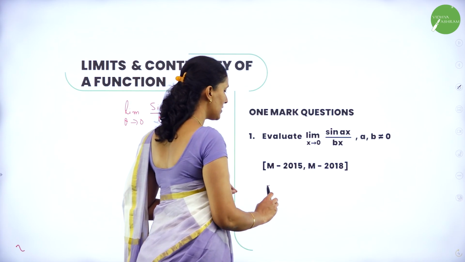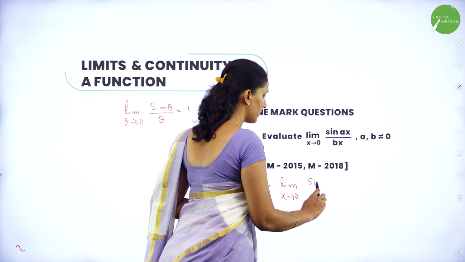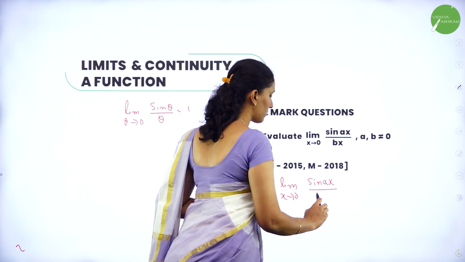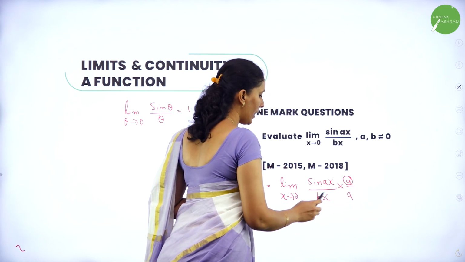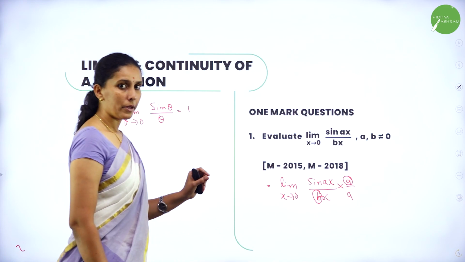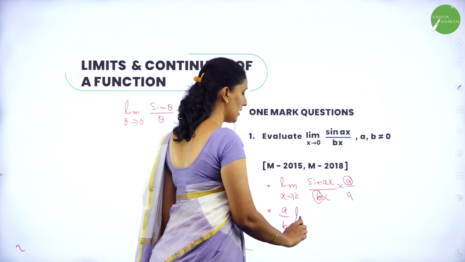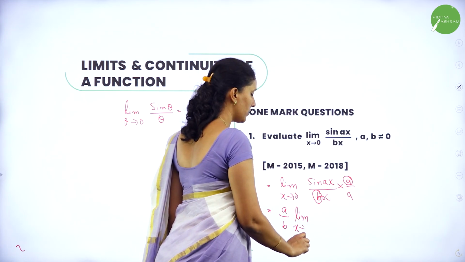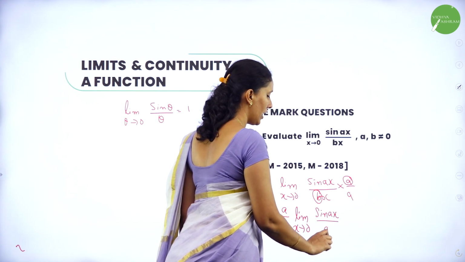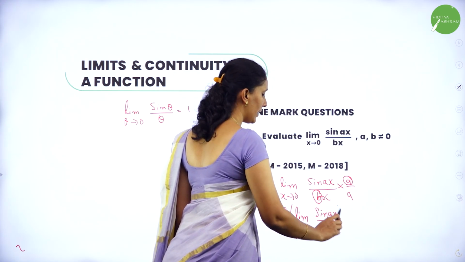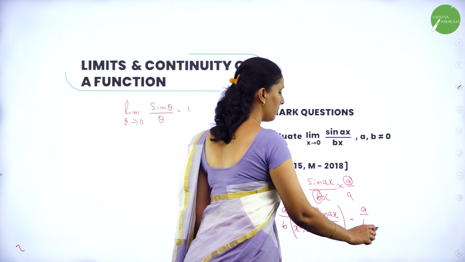So for that purpose, I'll multiply and divide by a here. So I can take a and b outside the function because they are constant. So therefore I can write it as a by b limit as x tends to 0 sin ax divided by ax. So now this limit takes the value 1. So therefore the value of the limit is a divided by b.